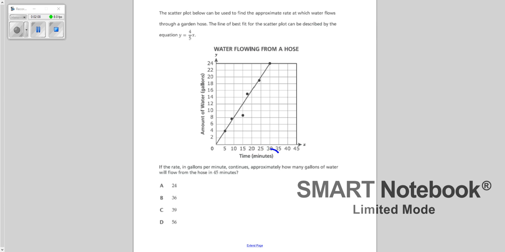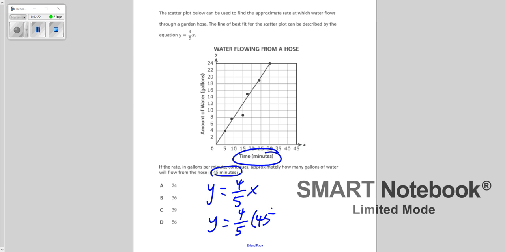Well, x represents the number of minutes, and we have an equation that has an x in it. So I can just replace the x with 45 minutes. So y equals 4 over 5 times 45, which equals, let's see, 36. So B, 36.